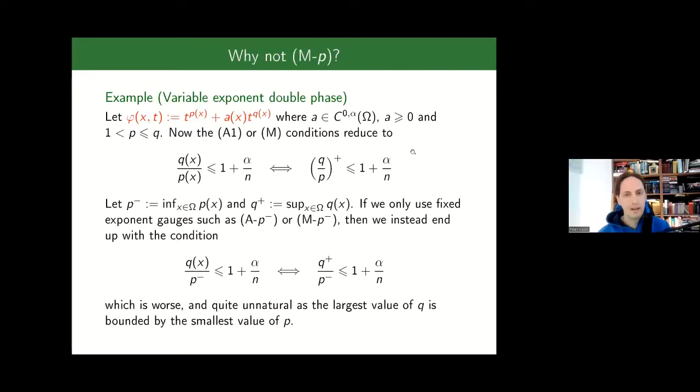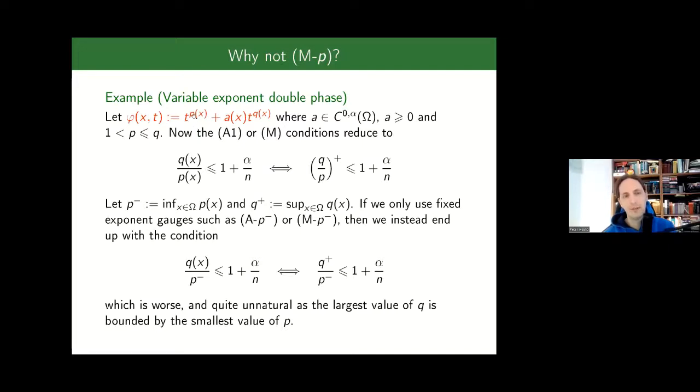So here, let me use again this double phase functional to show why it is important, or why this MS or A1S is not so convenient. So here is double phase, but with variable exponents.